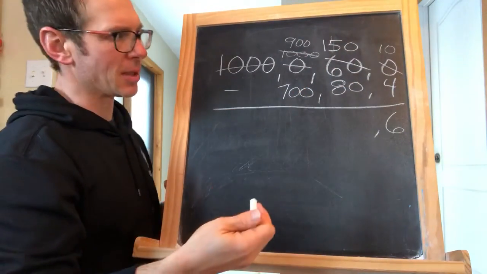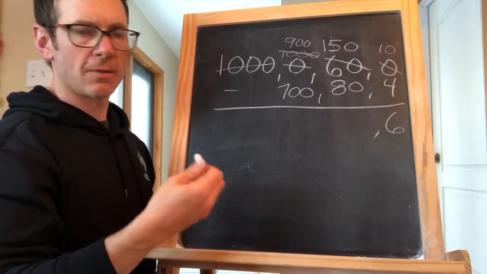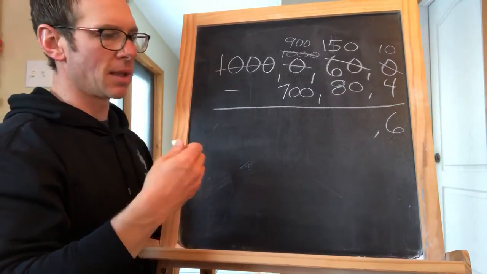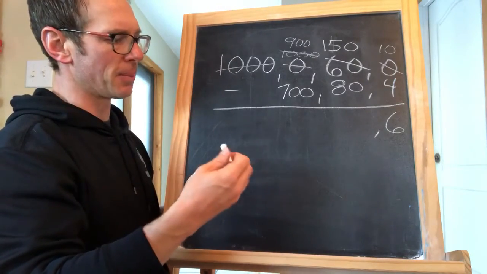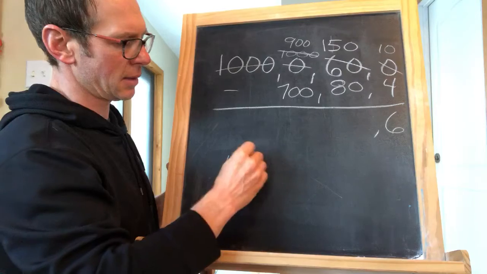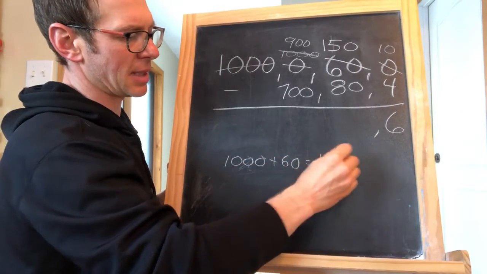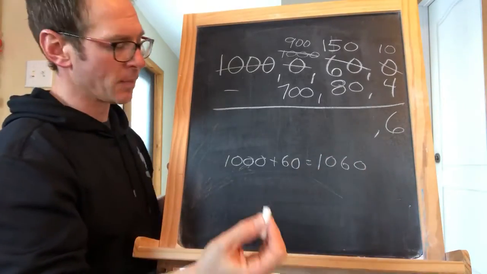The thing to remember about this is I haven't actually changed the number. All I've done is kind of put the numbers in different places in the place values. So if I have 1,000 plus 60, that's 1,060. That's the number I started with, right?